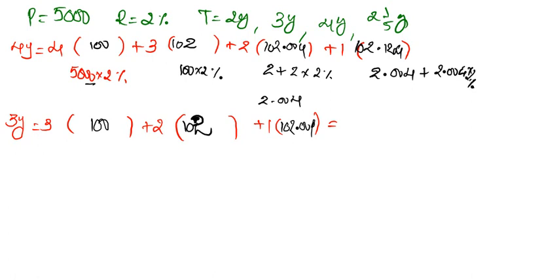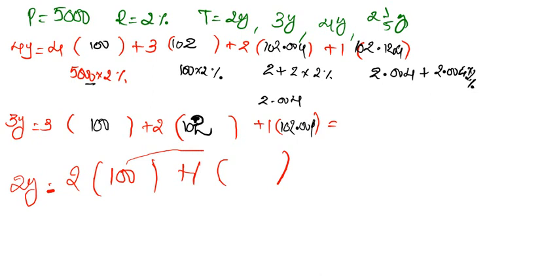If you are calculating for 2 years, again the same thing. 2 into box plus 1 into box. The first box is again 5000 of 2%, which is 100. And again next year, 100 of 2% is 2 rupees. Throughout the years this continues like this.